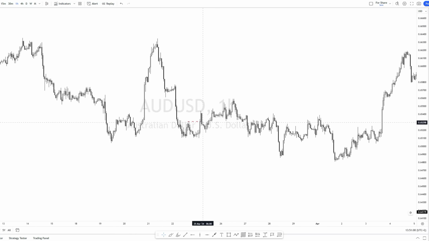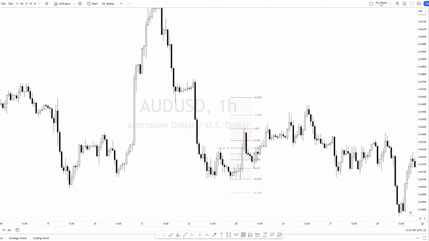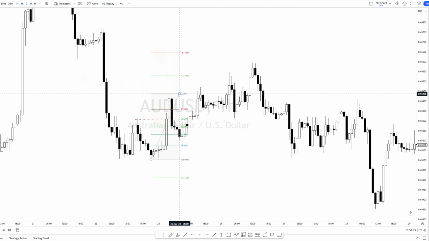So what you do once there is a breakout, you will want to draw a Fibonacci between A and B. Okay, let me make this big so it will be clear to you. Now here, A, B, right?